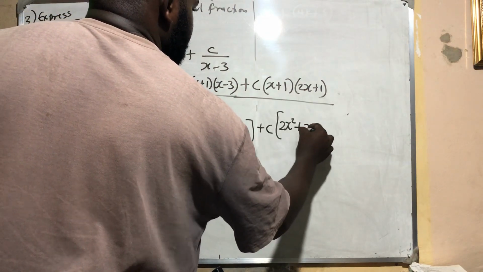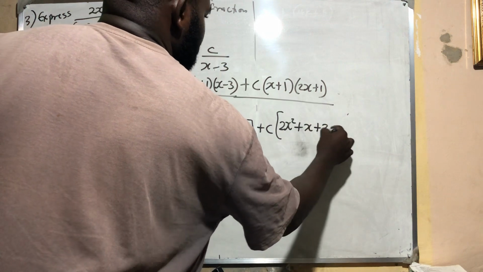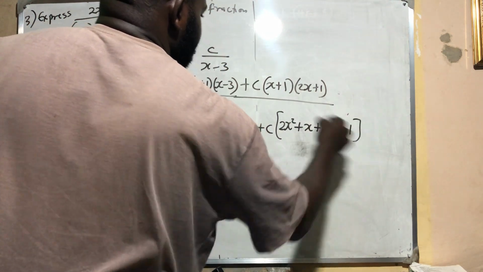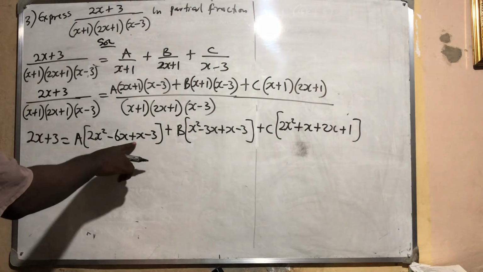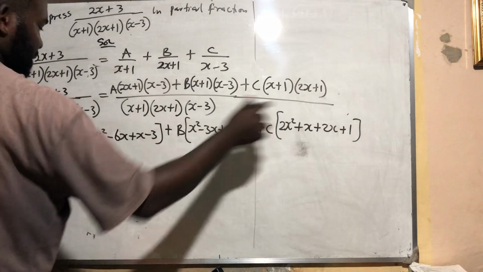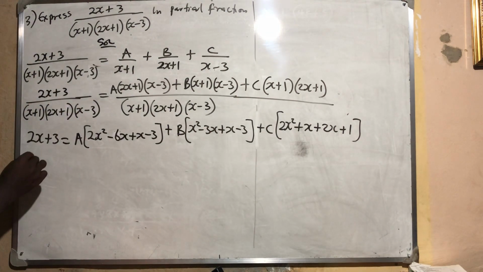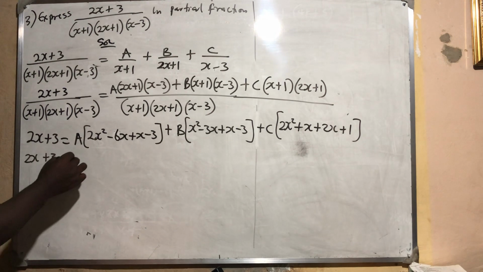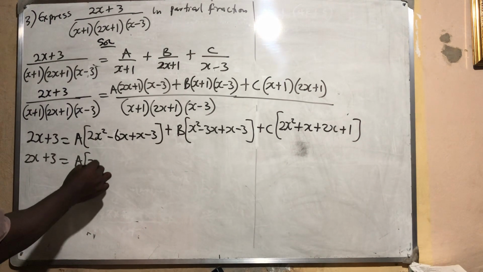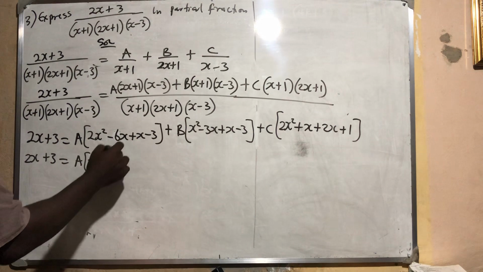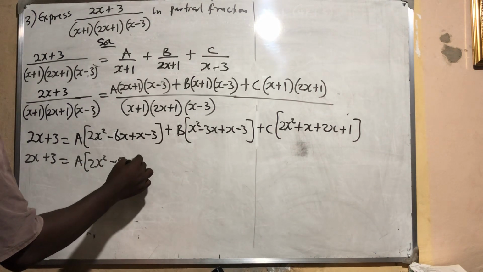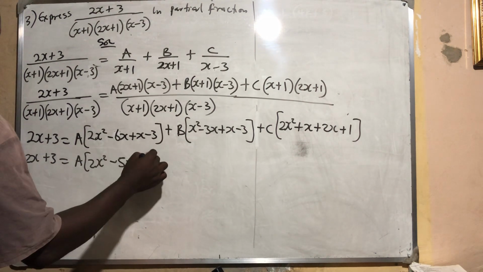All right? So the next one, plus C into, this time this will give you 2x squared, plus x, plus 2x, then plus 1. All right? So let me finish up with the terms inside because I have two like terms that I can add. So bring this one down: 2x plus 3 is equal to A into (2x squared, these two give you minus 5x, minus 3).